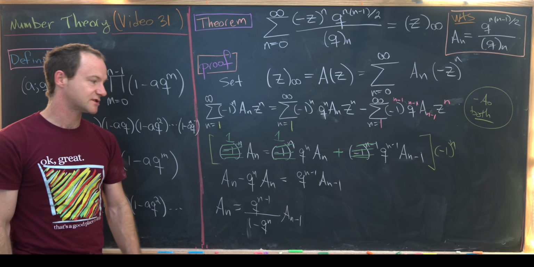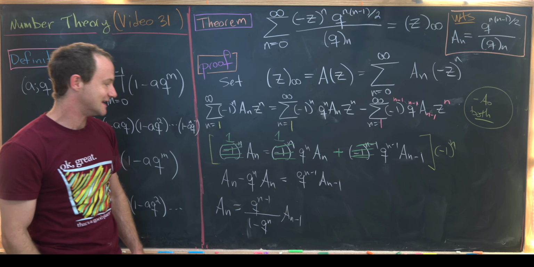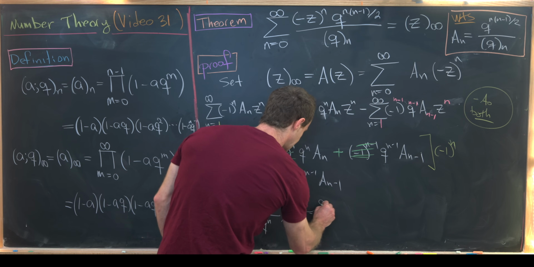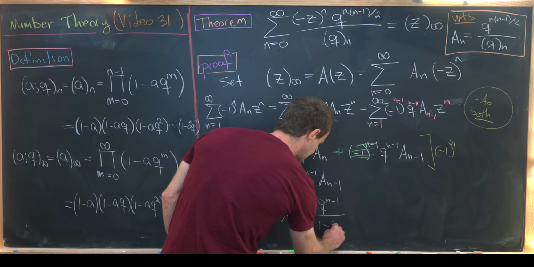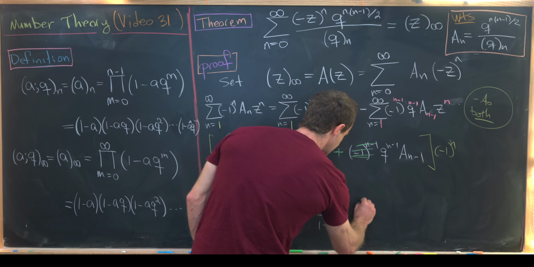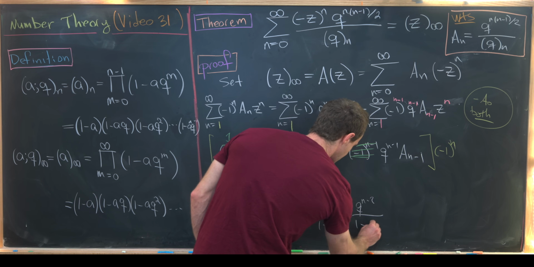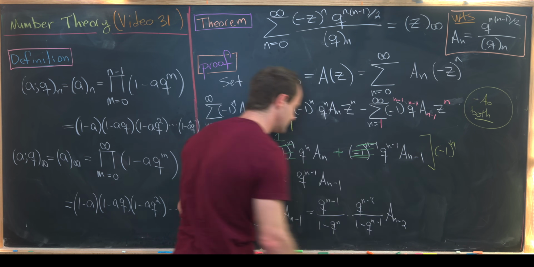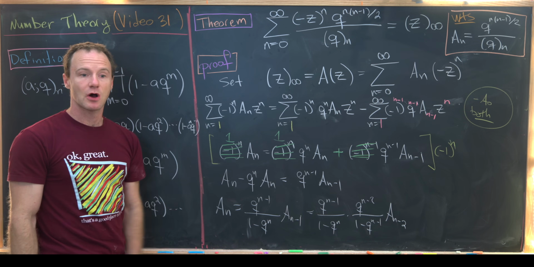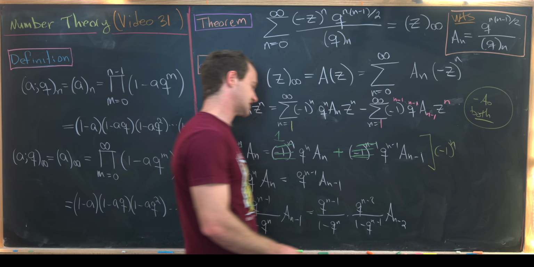We can repeat this over and over and over until we hit a0. That's going to give us q to the n minus 1 over 1 minus q to the n, times q to the n minus 2 over 1 minus q to the n minus 1, times a_n minus 2. And then keep going. So let's just jump to the last bit.